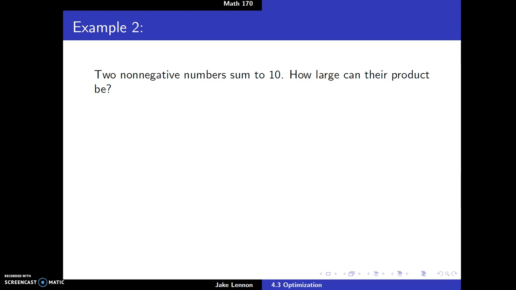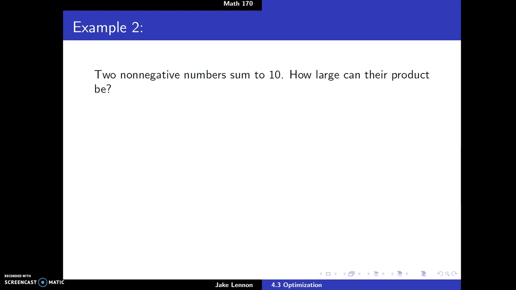So basically, we just use two letters, so we know x plus y equals 10, and then their product is x times y. The thing that we're trying to maximize or minimize is typically known as the objective function. So we're always looking for two things: the objective function and the constraint on the word problem, because when we're working in Calc 1, essentially we're only dealing with single variables, which means we have to have the thing that we want to maximize.